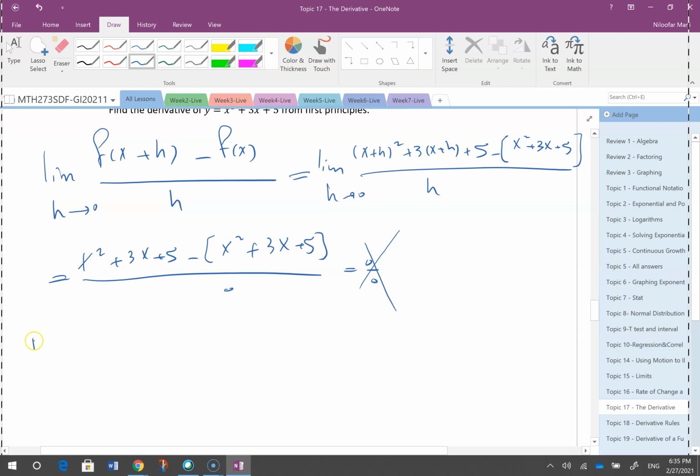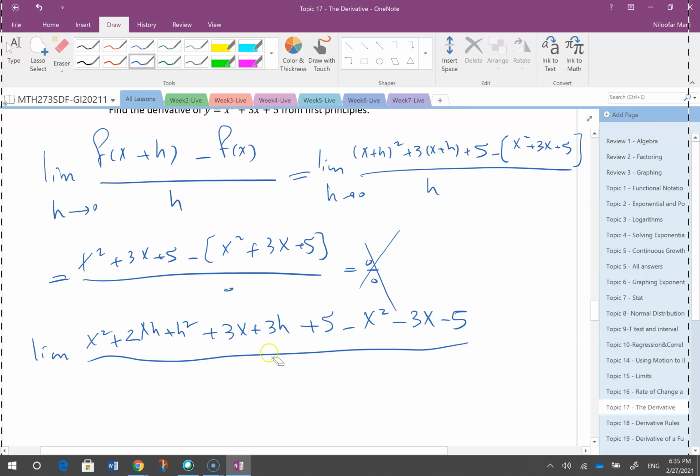So I expand, see, I am using topic 15. x squared plus 2xh plus h squared plus 3x plus 3h plus 5 minus x squared minus 3x minus 5, divided by h, as h goes to 0.